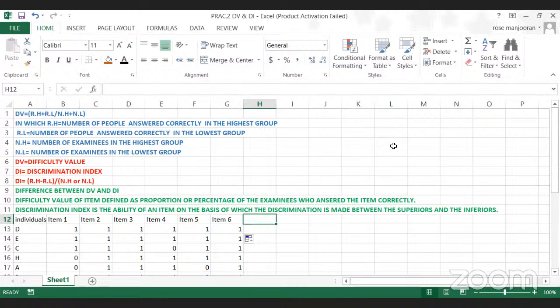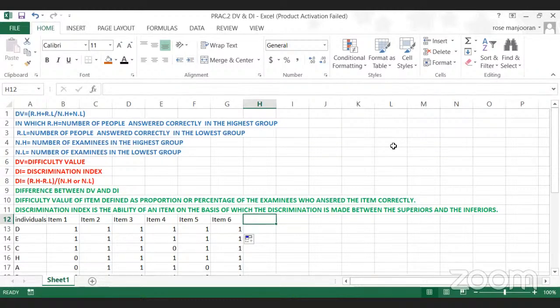So here we can see the formula to calculate DV and DI as well. For DV, it is the number of people who answered correctly in the highest group plus the number of people who answered correctly in the lowest group, divided by the number of examinees in the highest group plus the number of examinees in the lowest group.